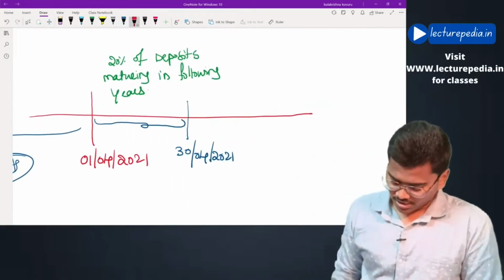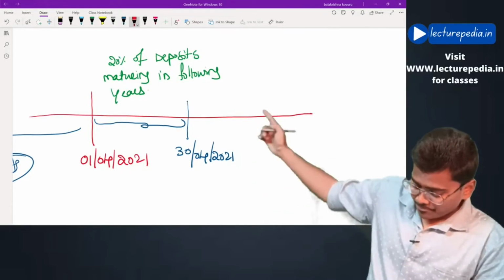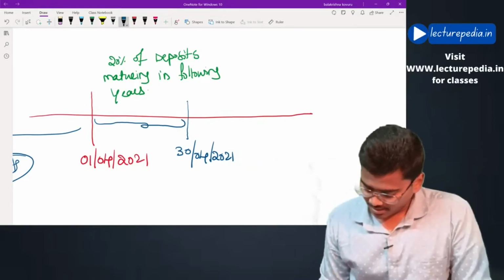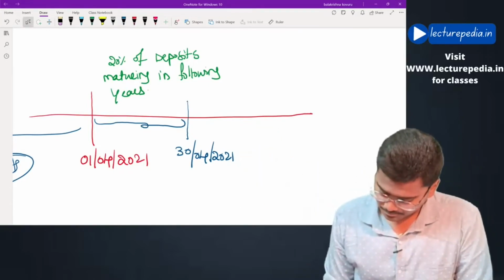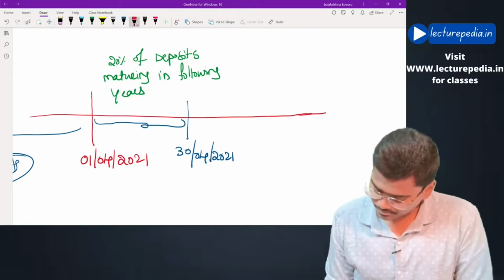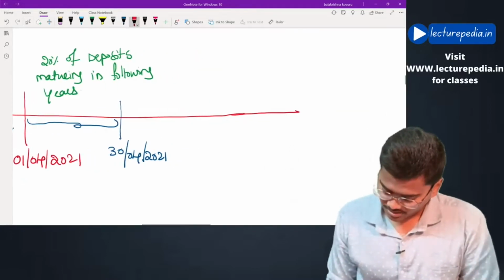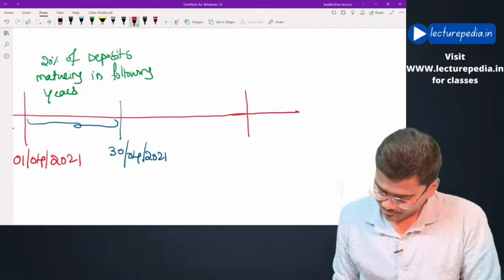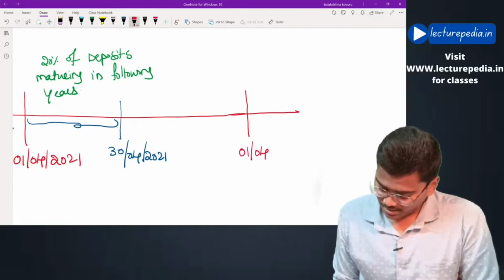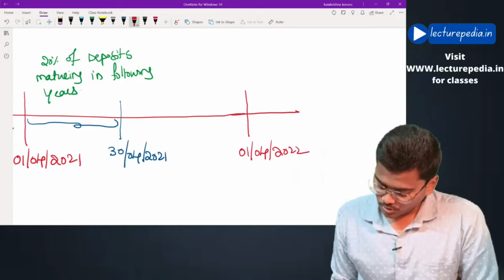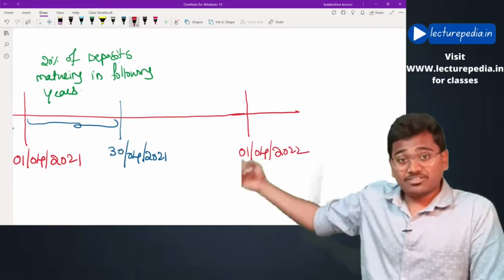Here this is 1st April 2021 and here is 1st April 2022, the next financial year.